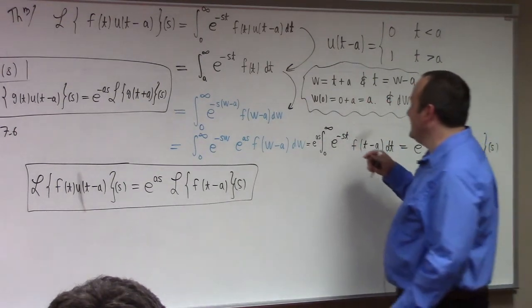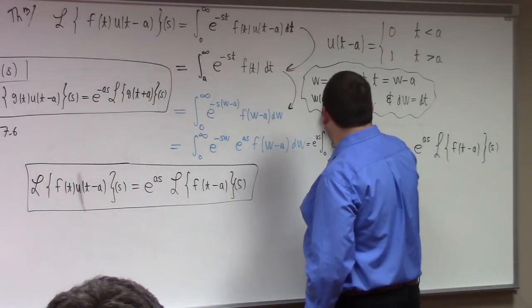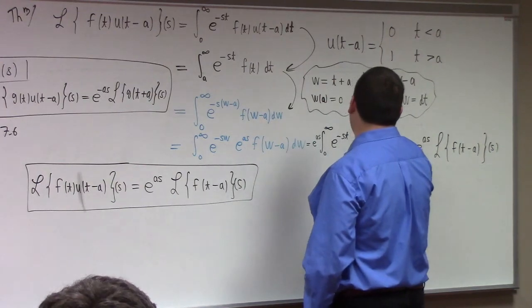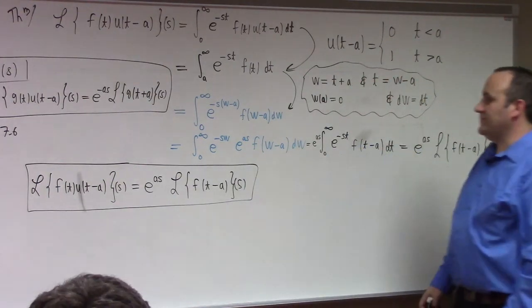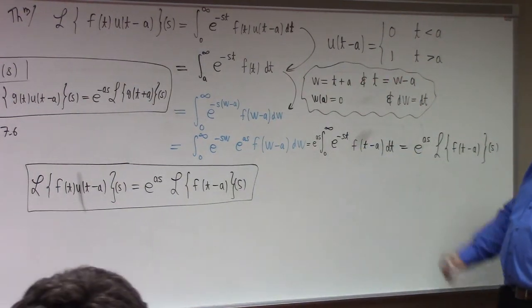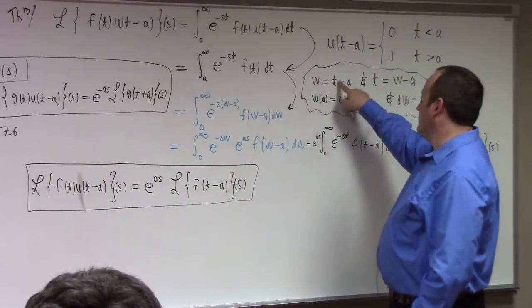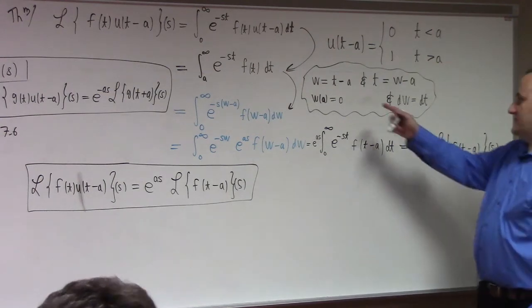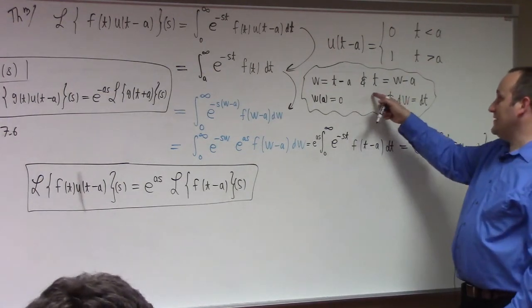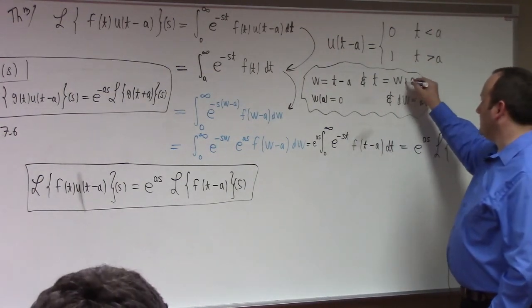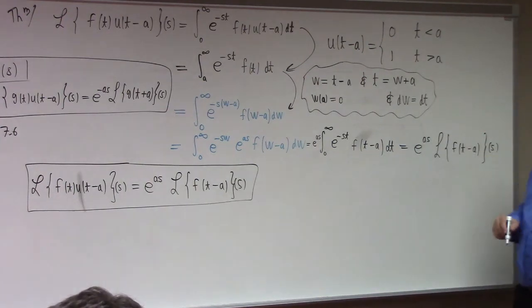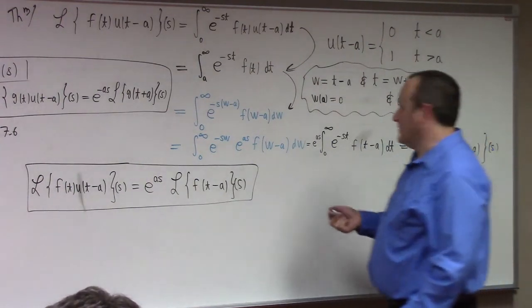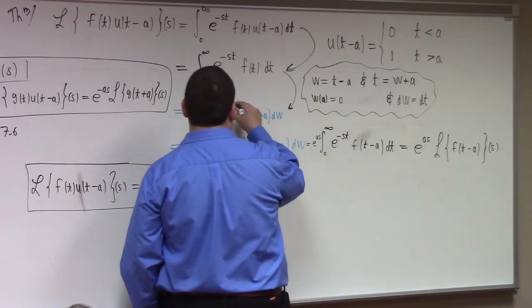What I need is that w of a is 0, right? So it shouldn't be t plus a, it should be t minus a. If w is t minus a, that means that t is w plus a. And that makes all the difference, because then we get w plus a instead of w minus a where I wrote it in here.